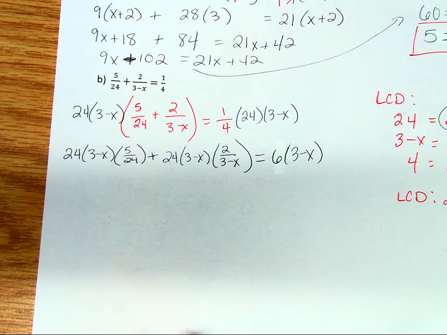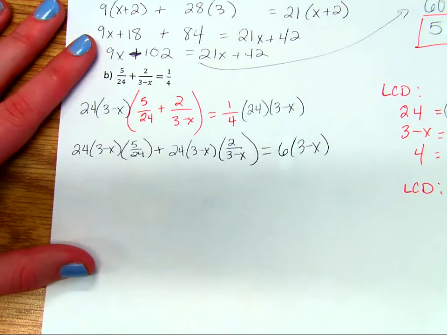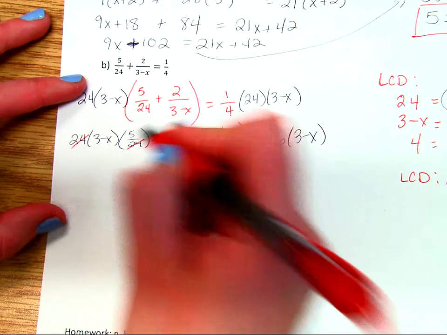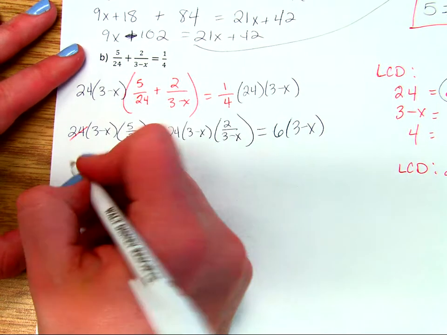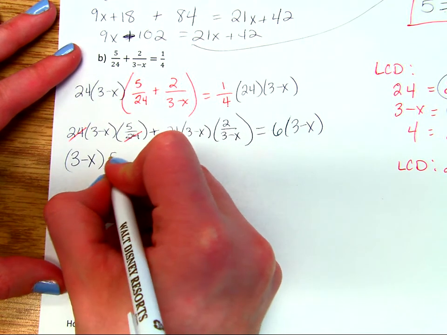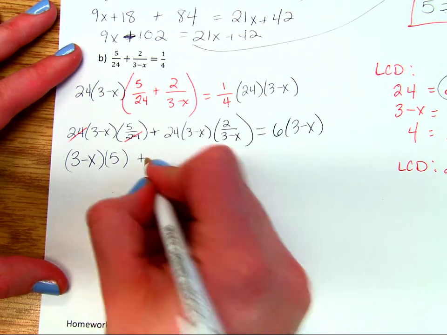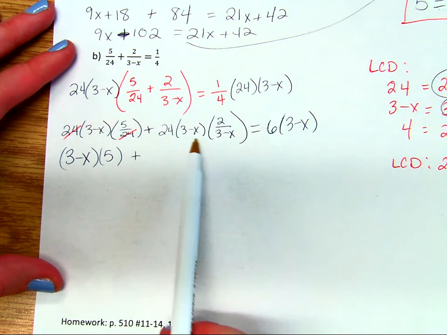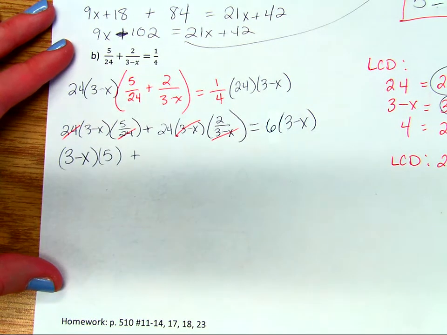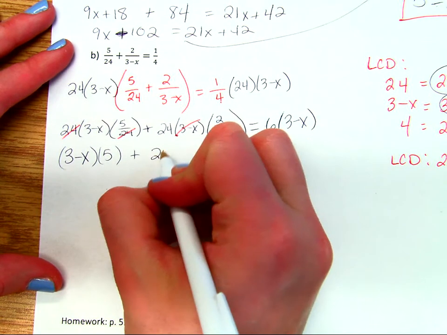Okay, let's try to simplify. Over here I see that the 24s are going to cancel out, which is beautiful because that gets rid of my fractions. So I'm just left with 3 minus x times 5 plus, let's see, 3 minus x's cancel. Awesome, gets rid of my fractions. So here I'm just left with 24 times 2.